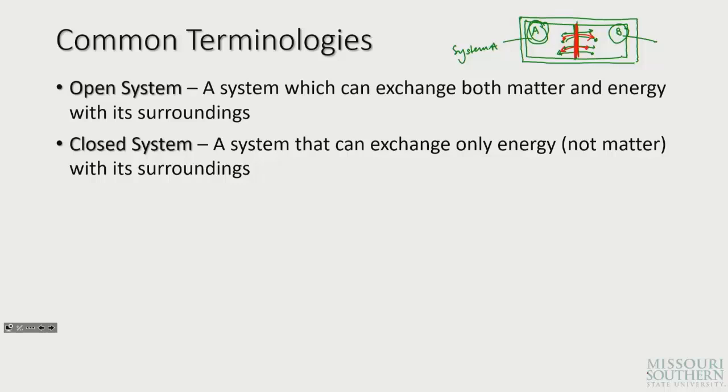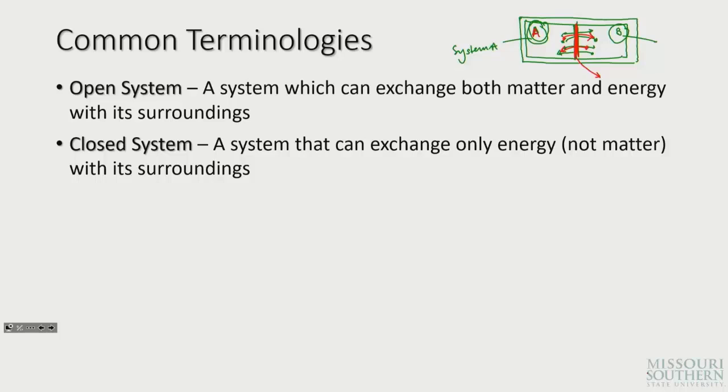So that means this partition is impermeable. Okay, but it can pass energy through it. Although it cannot pass particles or matter, still it can pass energy. In that case, we can call A a closed system.